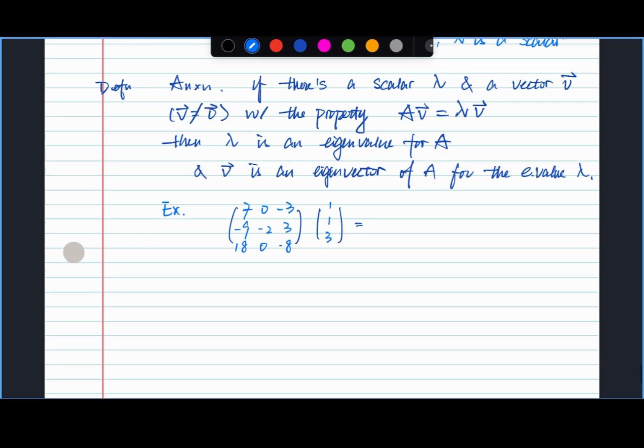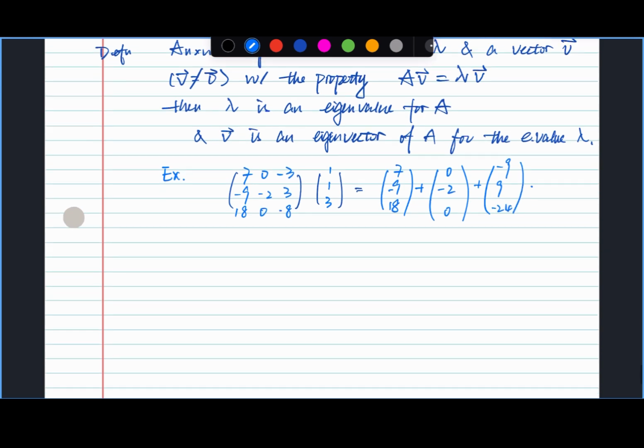Let's calculate it. I think this will equal 7, 9, 18 plus negative 2, 0 plus 3 multiplied by 9, 9, negative 9, 4. Okay, so this equals negative 2, negative 2, negative 6.